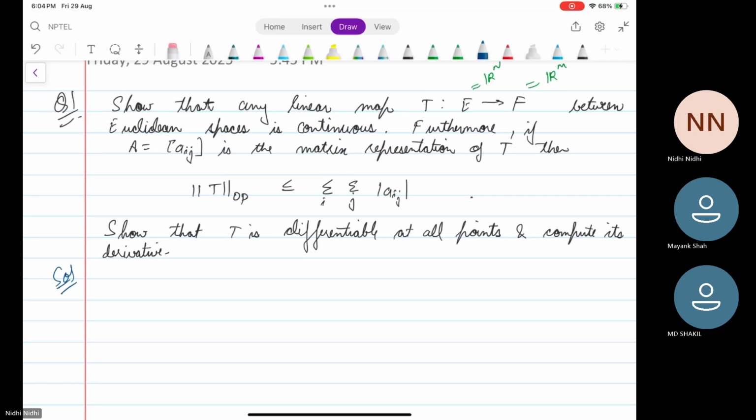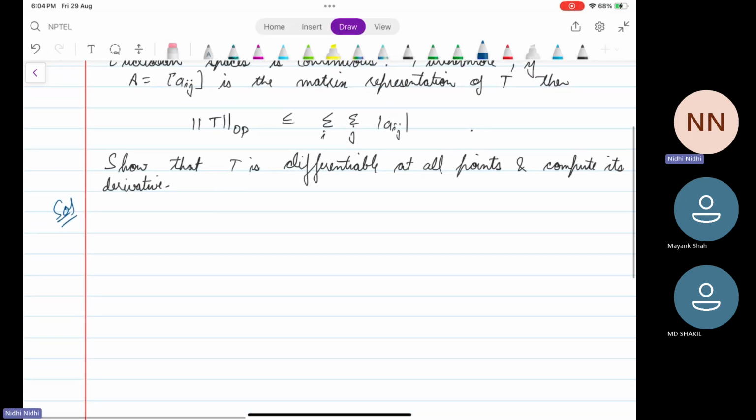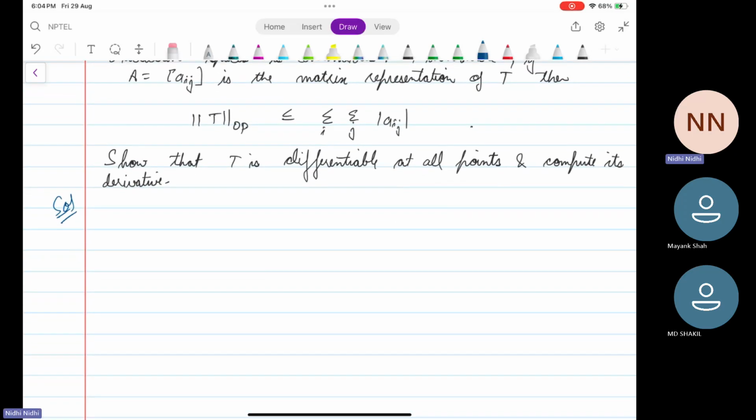Solution. So we'll do it part by part. Firstly, we'll show that this T is continuous. Now we have T from Rn to Rm is a linear map. This implies we have a matrix A, Aij.